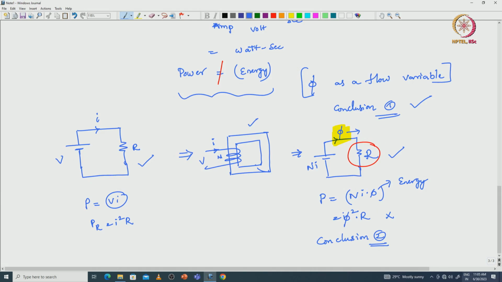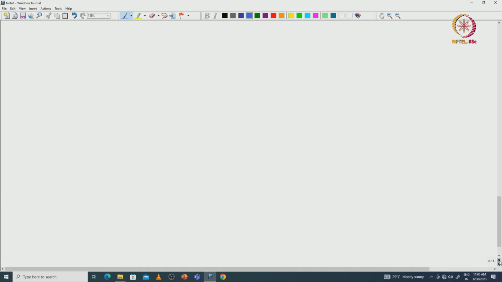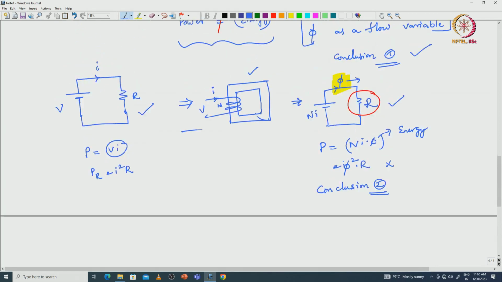For that, we will utilize the Gyrator-Capacitor models. Okay. These two circuits are not equal.